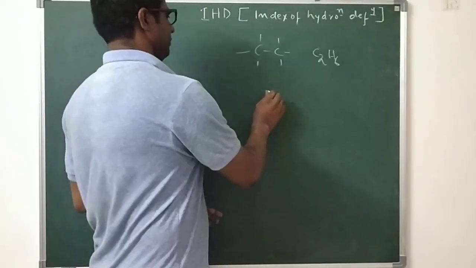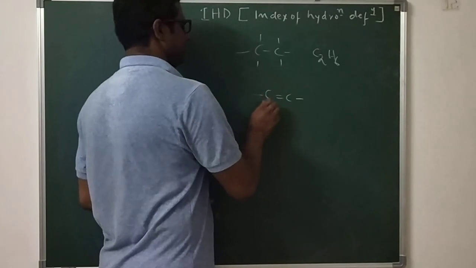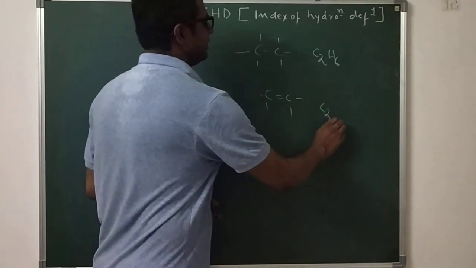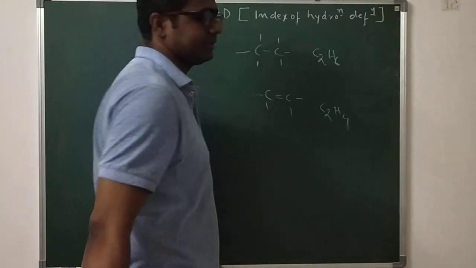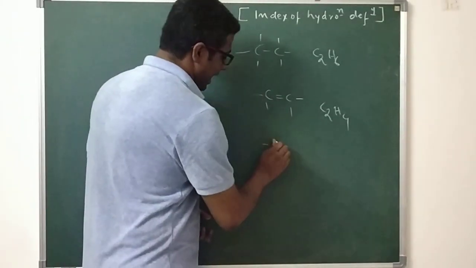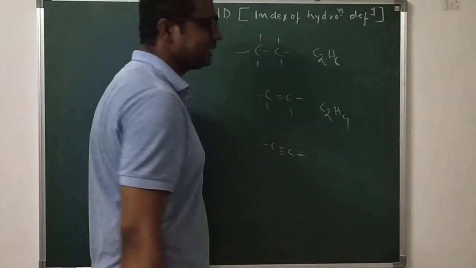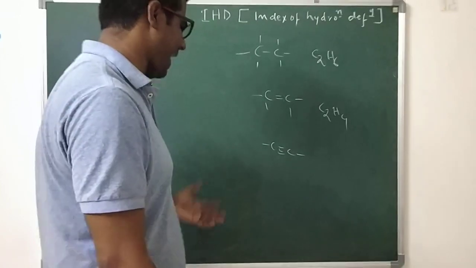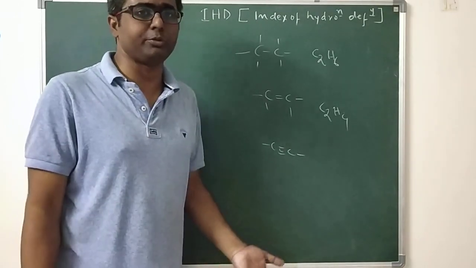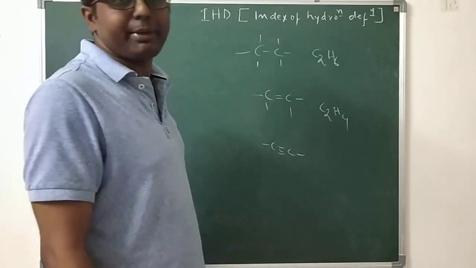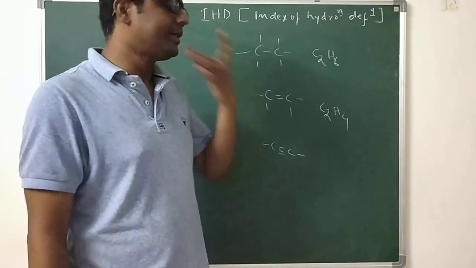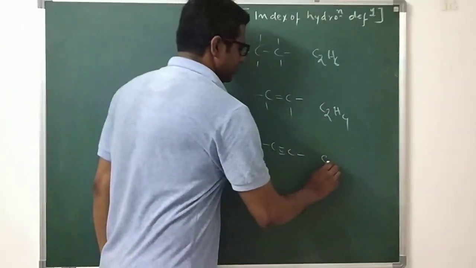No. Ethene, does it have a double bond? Yes, it does. Ethyne, does it have a double bond? No, it has a triple bond, but okay, you can say 2 double bonds make a triple bond, right? So, this is C2H2.